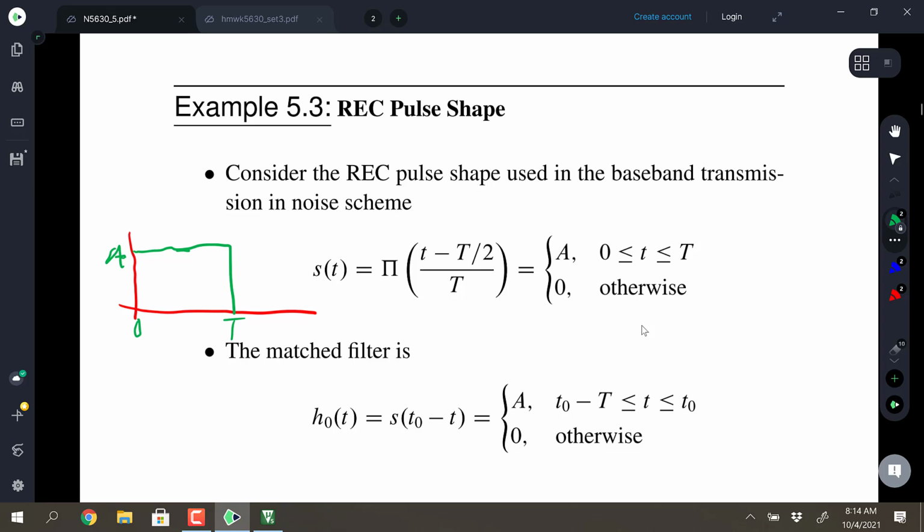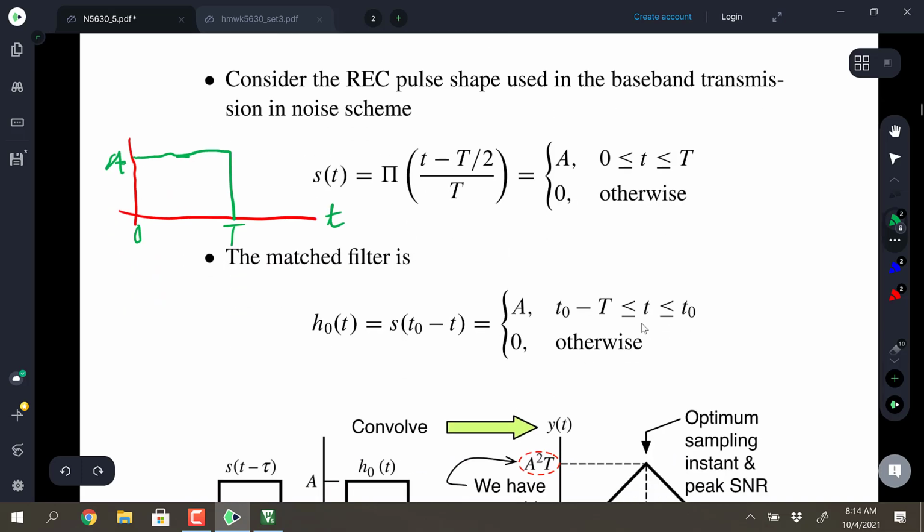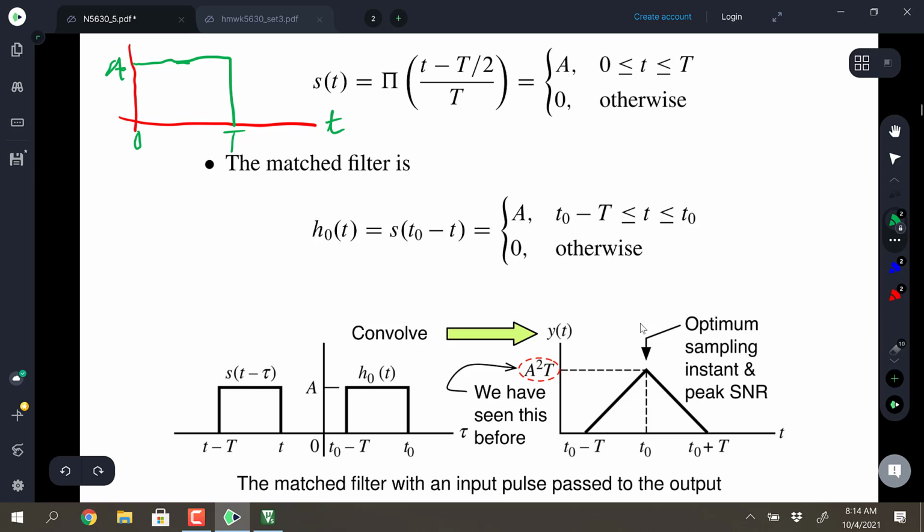So it's causal because it starts at 0. So now if we go down here and design our matched filter for that pulse shape and go through the operation of convolving it, like we would do with the linear filter in the front end, or just showing the convolution on the left-hand side, sliding it across.